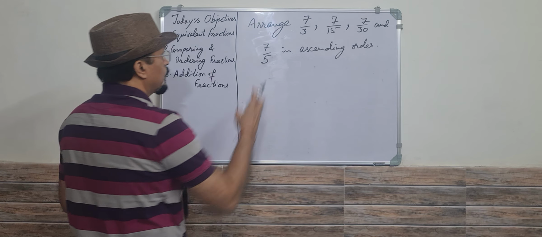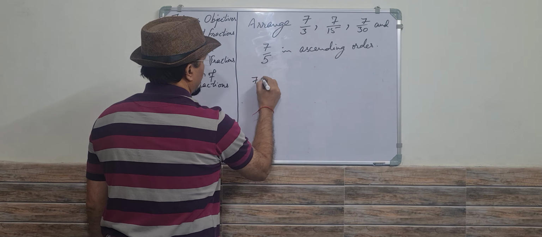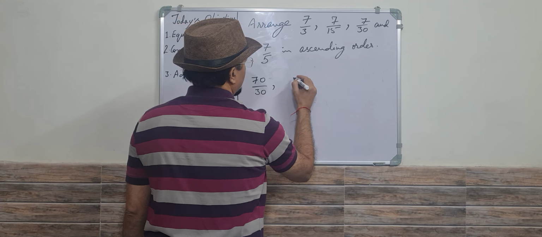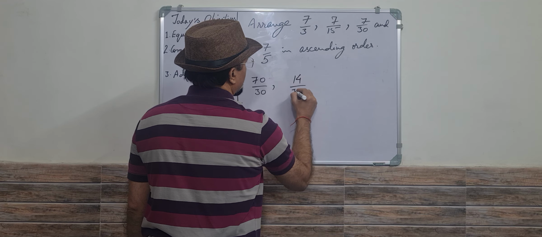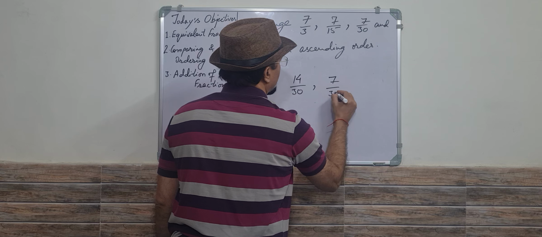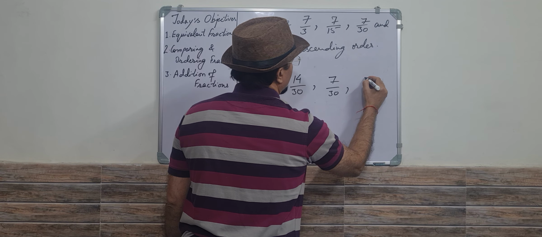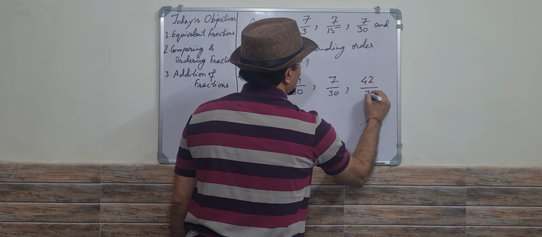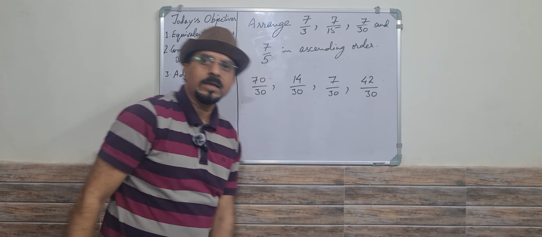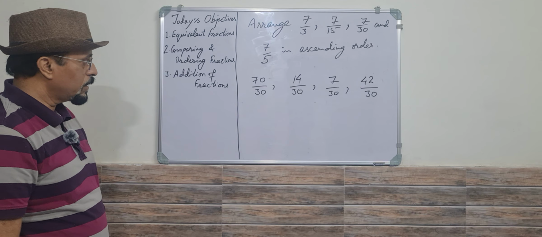So the 4 fractions are now 70 by 30 and then 14 by 30 and then 7 by 30 and then 42 by 30. Now we can compare them because the denominators are equal, and that is 30.